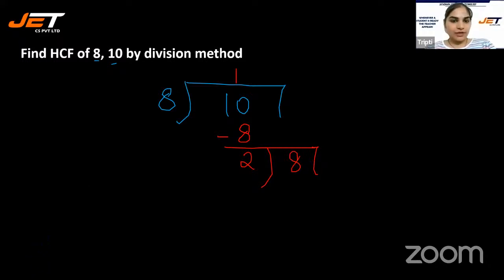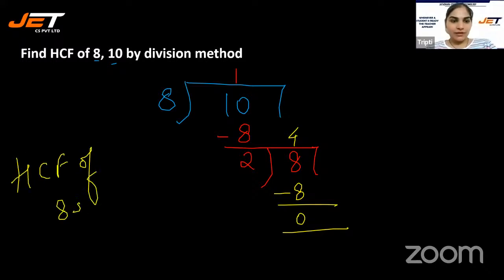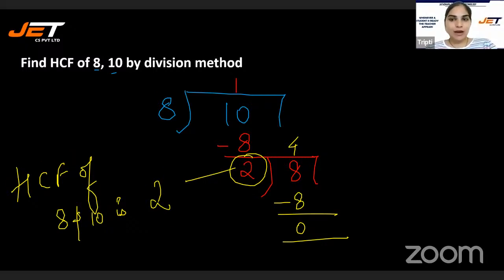Now we will continue with our division. 2 times 4 is 8. 0 remainder. So what will be the HCF of 8 and 10? It is the last divisor that you have got, which is 2. That's how you have to do it.